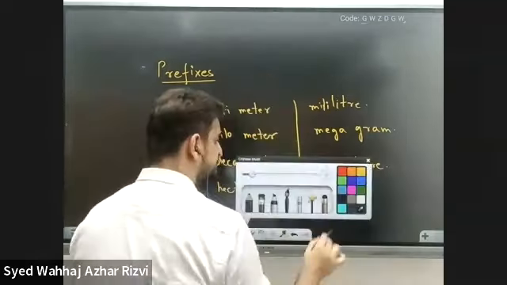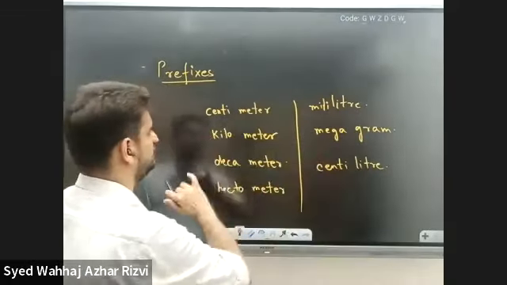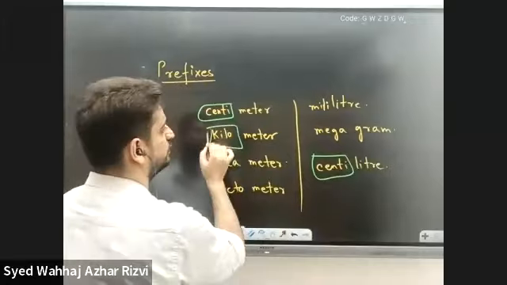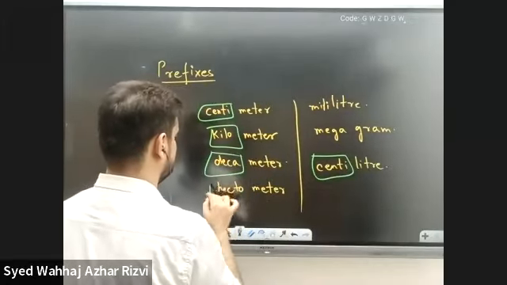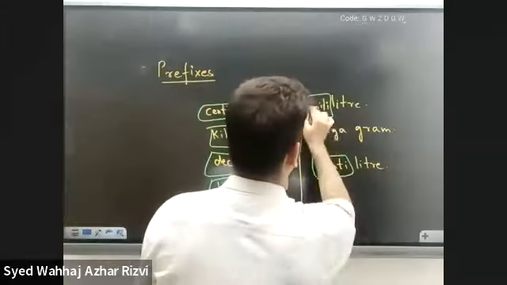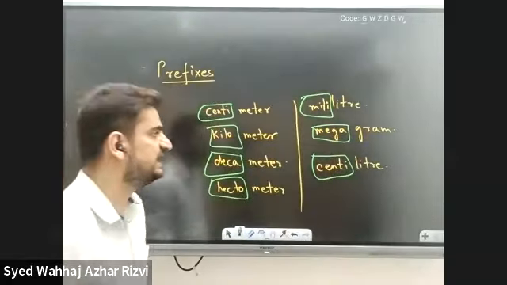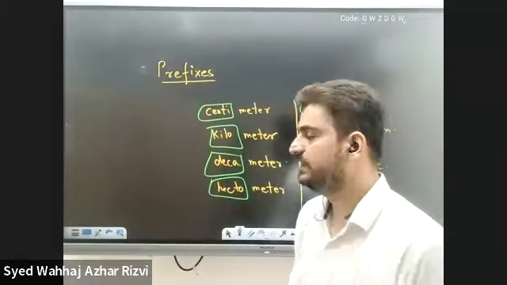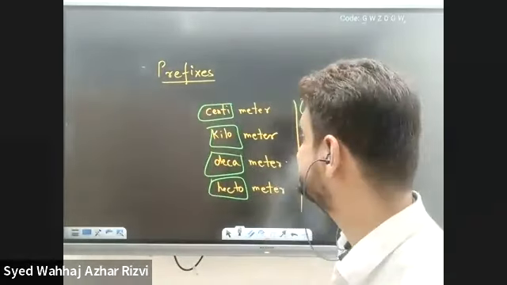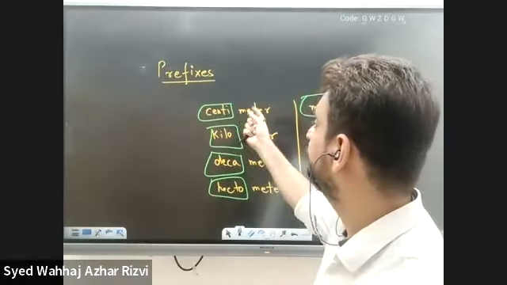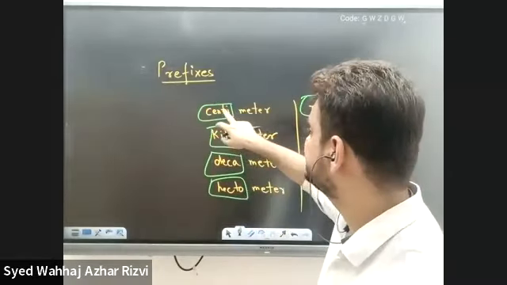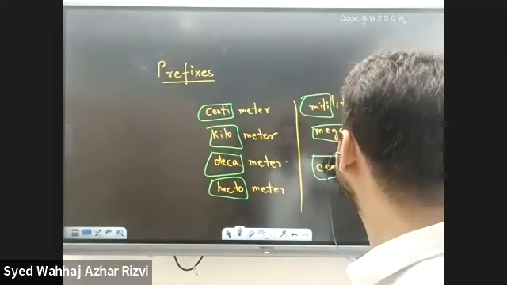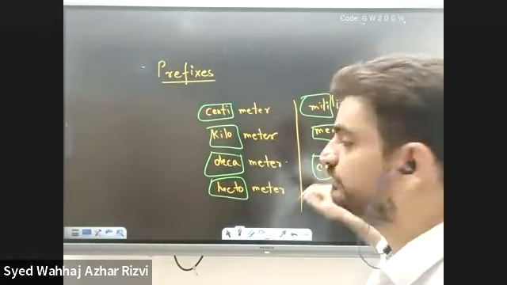Okay, so in all these words, we say that centi, kilo, deca, hecto, milli, mega, these are the words which are known as prefixes. Why prefixes? Because they are fixed before the actual word. So centi comes before meter, milli comes before liter, mega comes before gram, centi comes before liter.